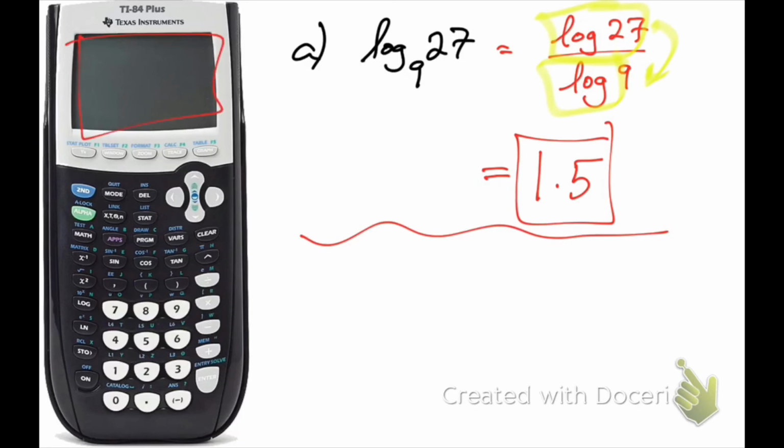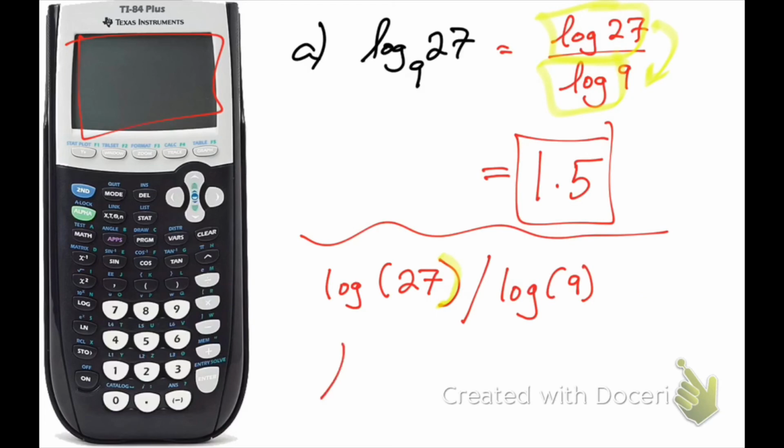On your screen, it'll say log parenthesis 27. Make sure you close the parenthesis. That's really important to close the parenthesis. And then if you're doing this all in one operation, divide it by log of 9 and then close parenthesis again. So really make sure you're using the parentheses.